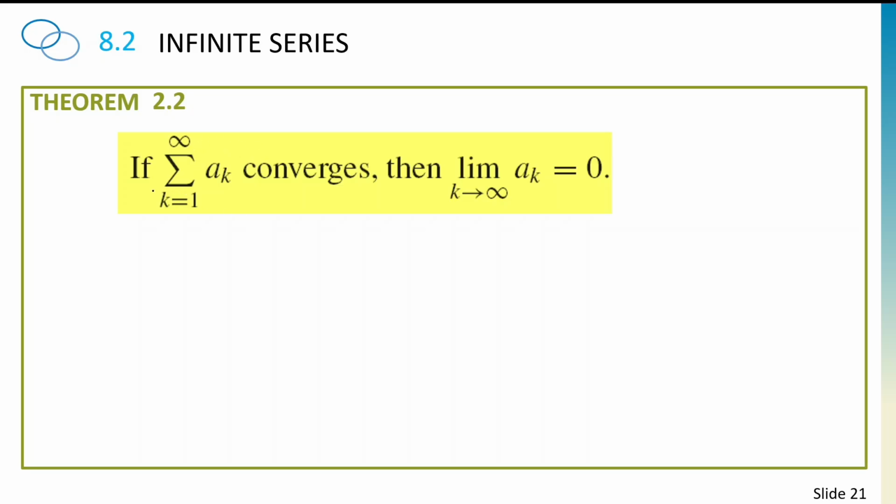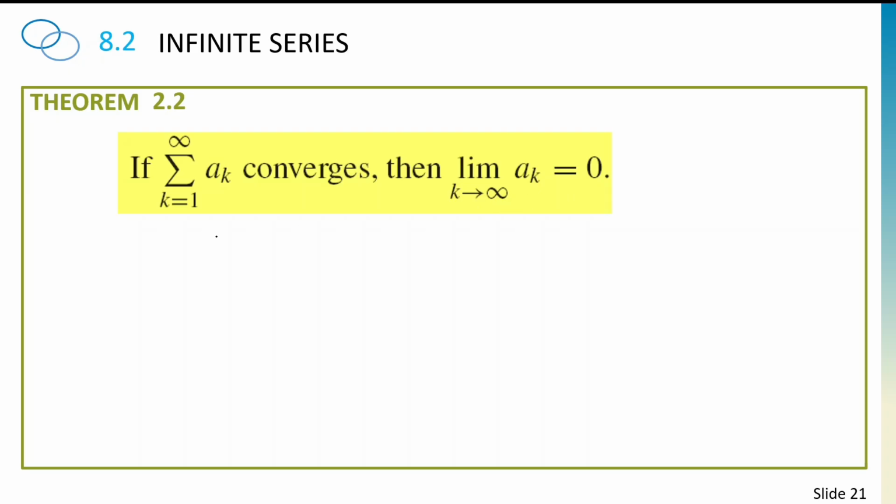Okay, let's go back to the theorem now. If sigma a_k from k equals 1 to infinity converges, then the limit of the sequence inside, a_k, as k approaches infinity equals 0.